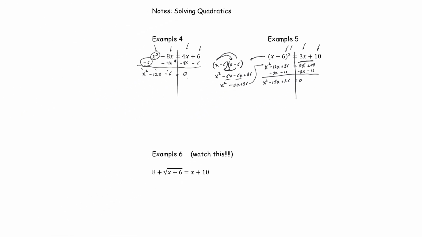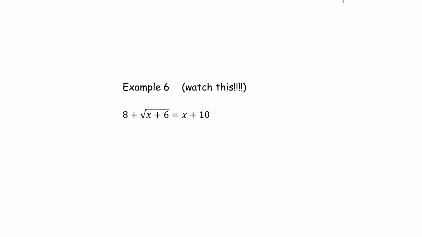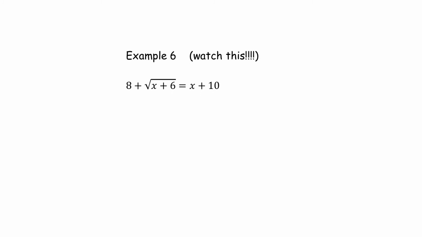I'm going to give you guys one last one, which is kind of a crazy thing, just to show you guys all the things that you've learned in the past. So what we've done in the past when we see a square root sign is to isolate it. Junk and divide or get rid of the extra stuff. So we're going to minus 8 from both sides.